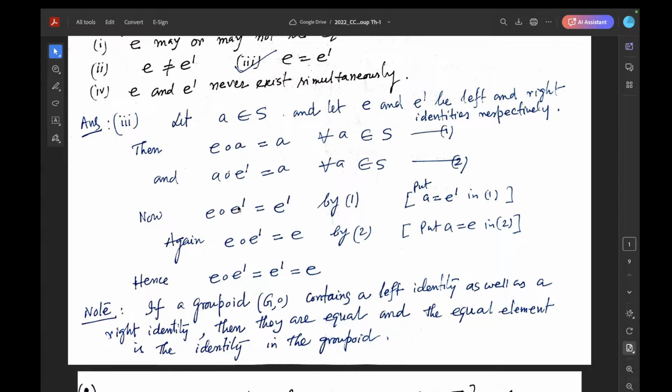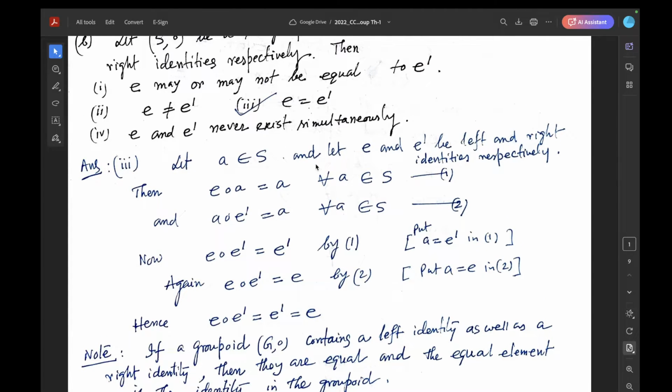Now e star e dash equal to e dash by the property of e is the left identity. Again, e star e dash equal to e by the property of right identity. Hence, e star e dash equal to e dash equal to e.